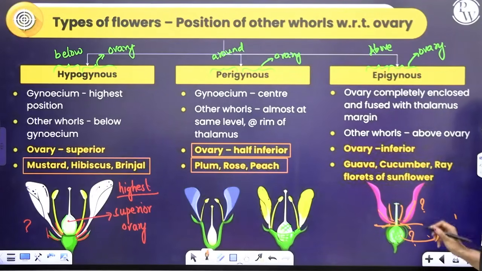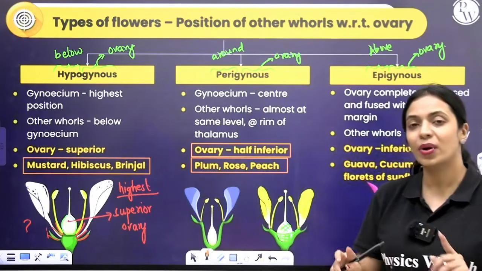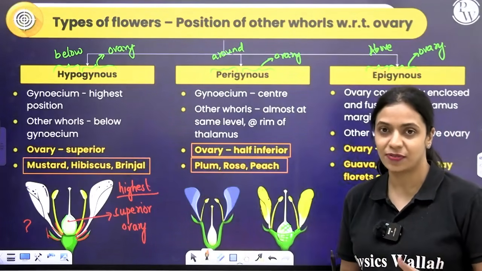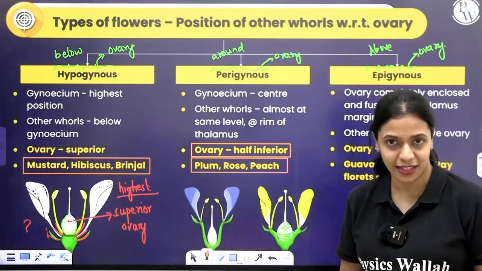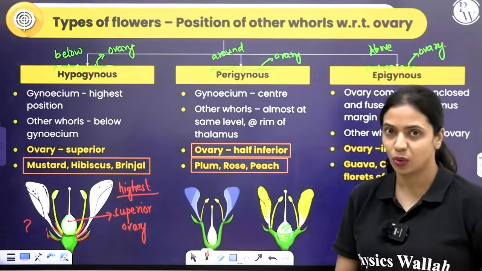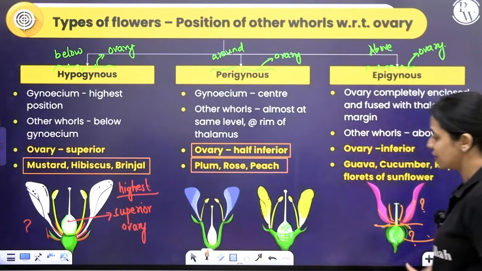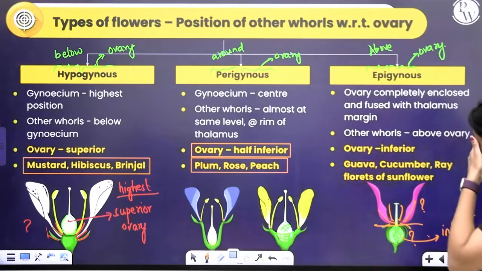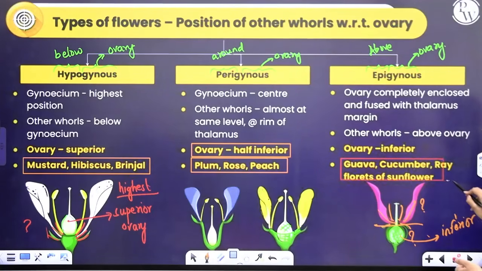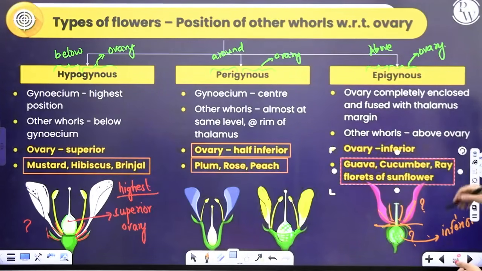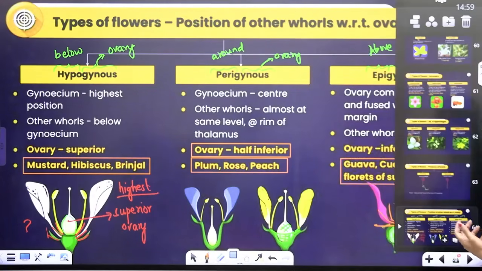So, you say that the ovary here is inferior. Hypogynous flower, superior ovary. Epigynous flower, inferior ovary. Perigynous flower, half inferior ovary. This ovary is said to be inferior, and you can find this in guava and cucumber. In sunflower, you have a type of floret called the ray floret. Over there, you can see this.